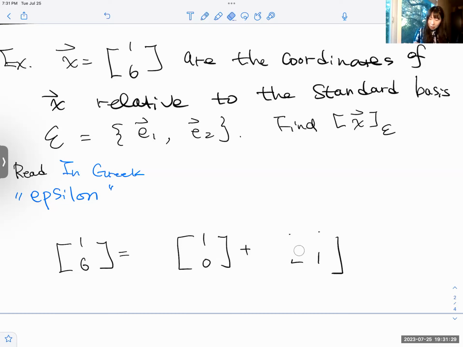Hold on one second, I'm not done yet. From this one, we have to make 1 and 6. So what kind of scalar coefficient do we need?